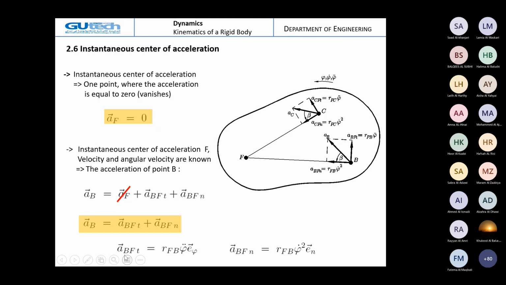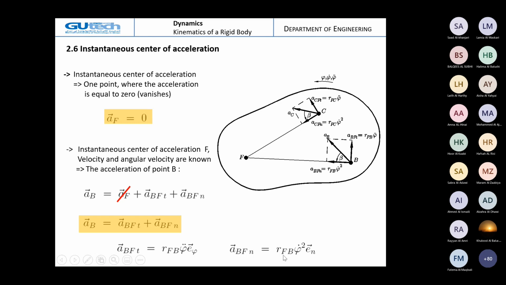Then we have B phi t. The acceleration in tangential direction is R FB phi dot dot along the direction AF, and the normal one is along the vector phi, and we have an.